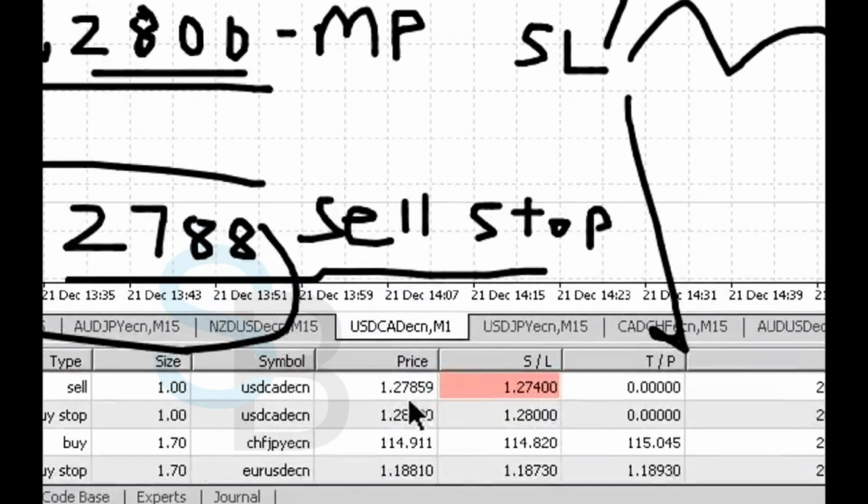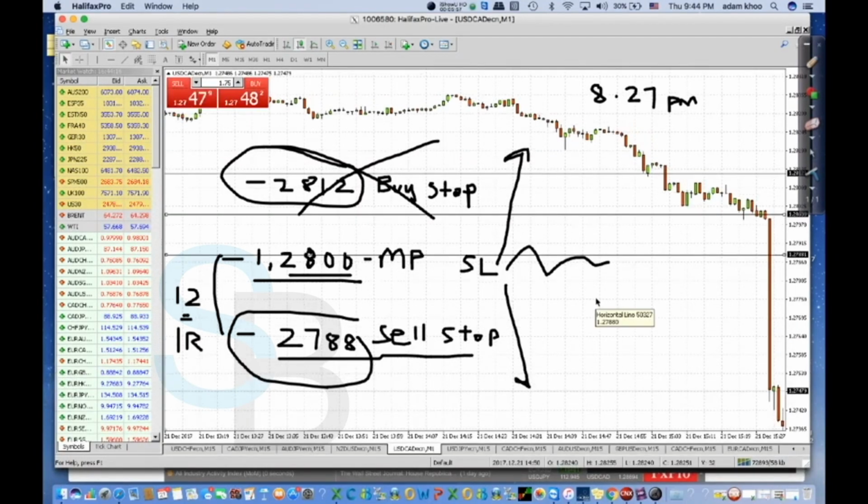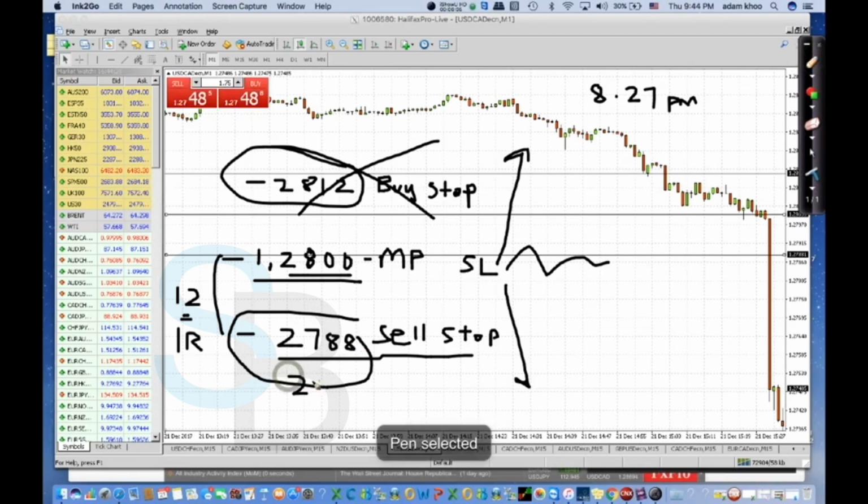I was filled at 2786, about 2 pips lower than the intended entry price. So I entered at 2786 instead of 2788. That was my actual entry price.